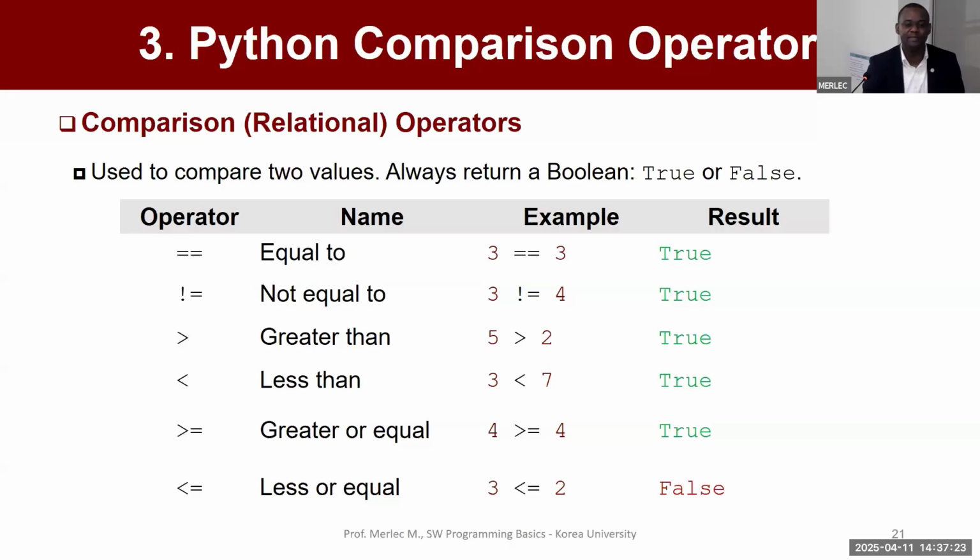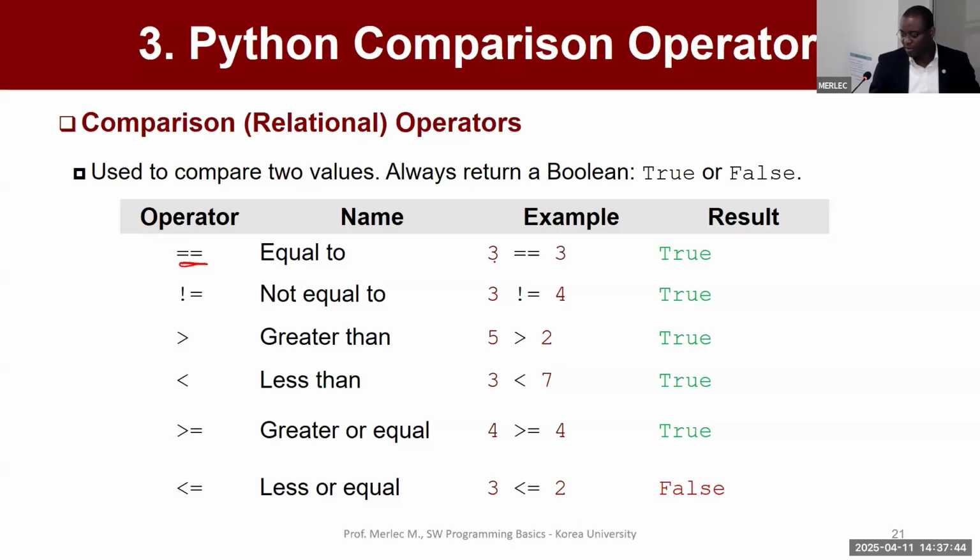In algebra, you remember I explained the equal sign was used as a comparison operator. But in Python, we use the equal sign as an assignment operator. So to use the comparison operator equal, we need a double equal sign.